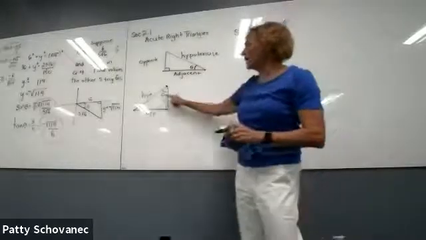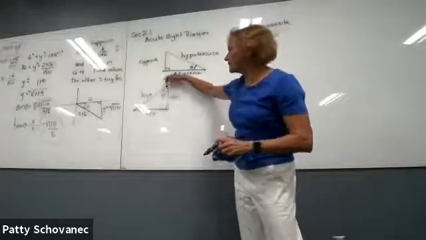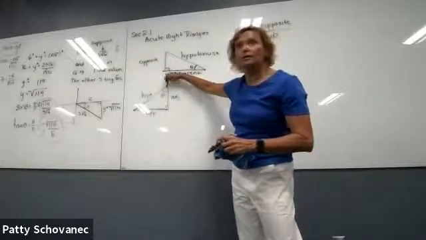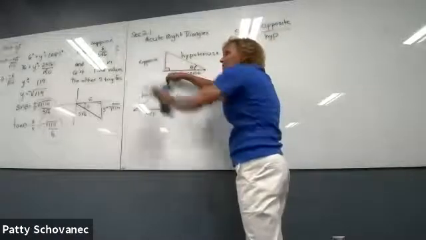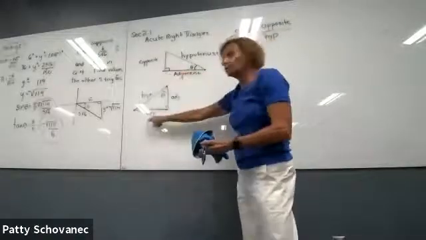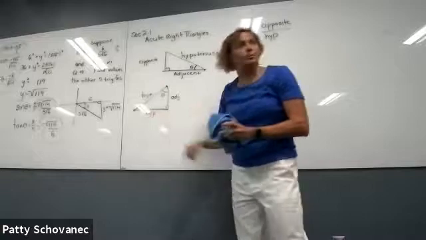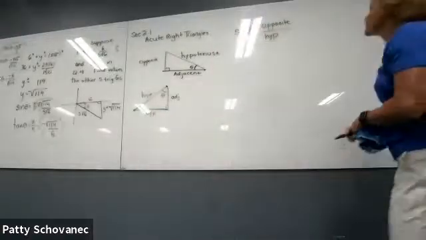If it's this angle, and I tilt this so that this is at the origin, I'd have to rotate that 90 degrees, and then that's at the origin, and this would be a Y value, and that would still be an R.